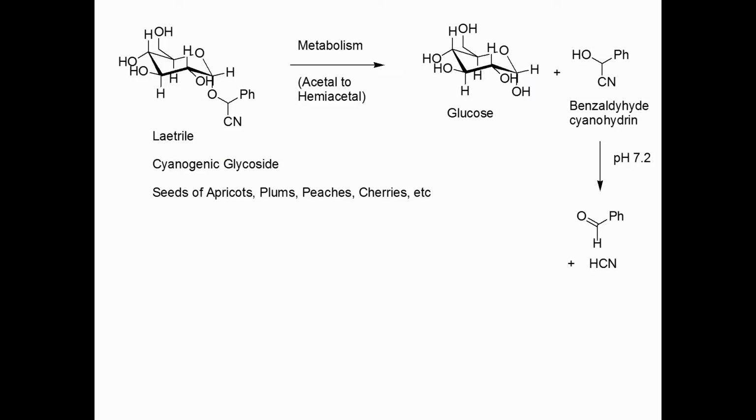All right, many of you have heard the expression, don't eat the seeds of apples and cherries and peaches and plums and things like that. Well, because they contain cyanide. Well, they do contain cyanide. They contain cyanogenic glycosides. An important cyanogenic glycoside is laetrile.